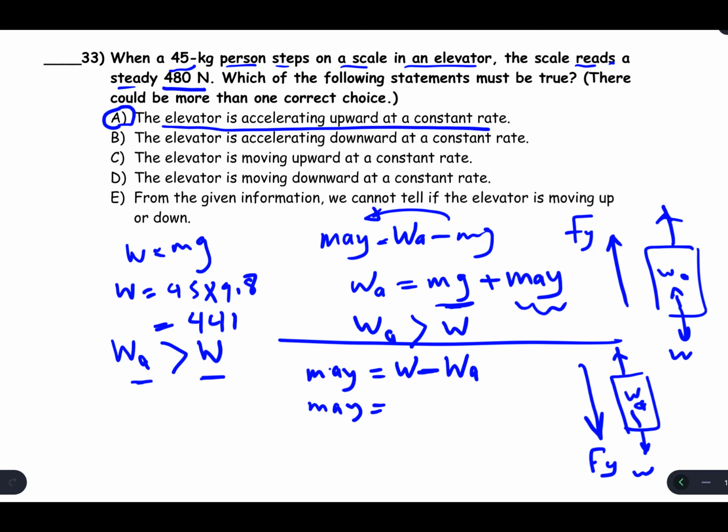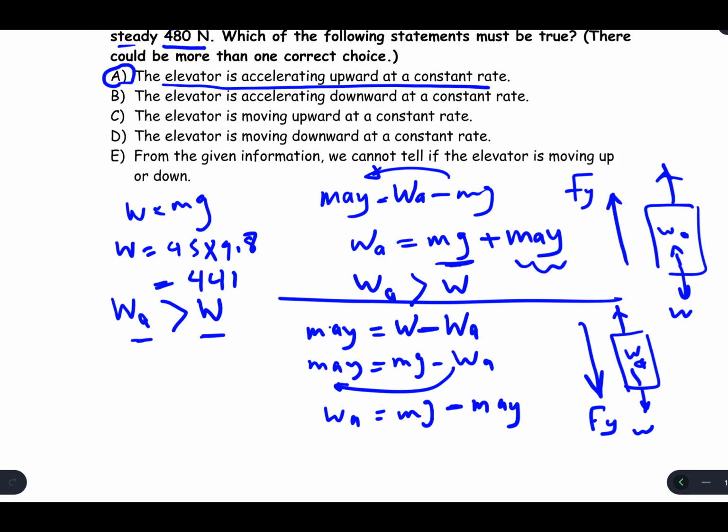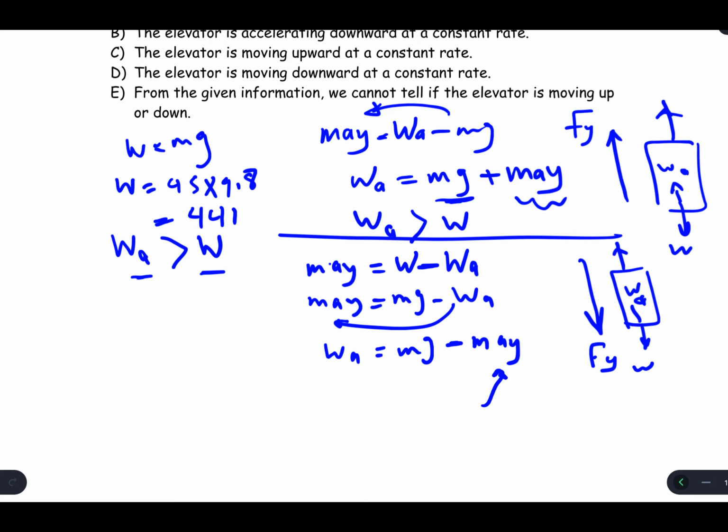May equals mg minus WA. So WA equals mg minus may. What if the acceleration is negative? So you will say WA equals mg plus may because the acceleration is negative.